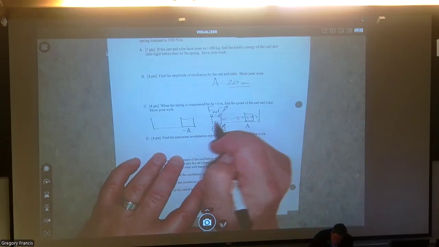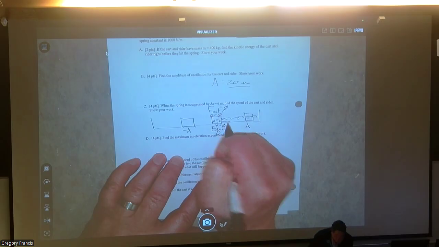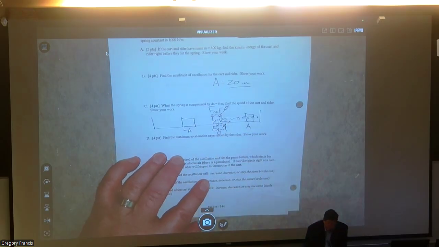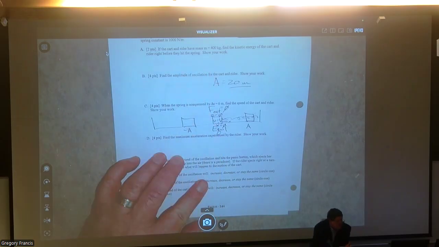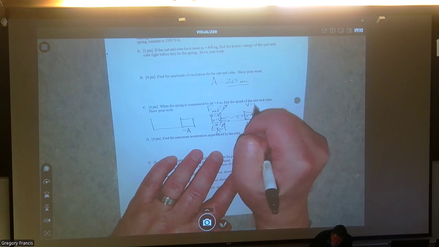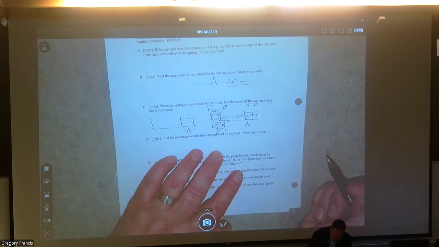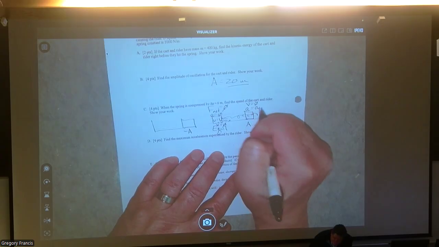It's also where my speed is the biggest, because it's speeding up as it gets there, slowing down as it goes away from that. The turnaround points, you've got to stop to turn around, so there's no velocity. But that's where the spring is either stretched the most or compressed the most. So that's where my a is my a max.